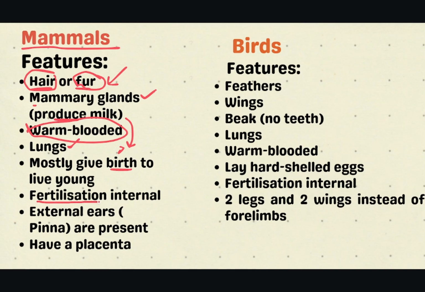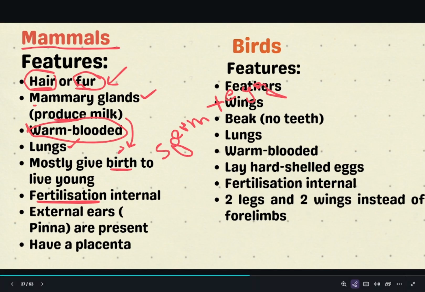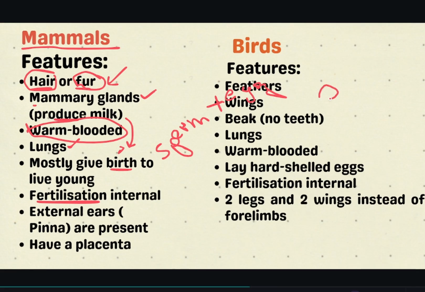Now, what is fertilization? This process is going to be explained in the chapter on reproduction, but for now just know that fertilization is a process by which a sperm from the male and an egg from the female meet and fuse with one another, then they form a cell known as a zygote, and then this zygote further develops into a baby.